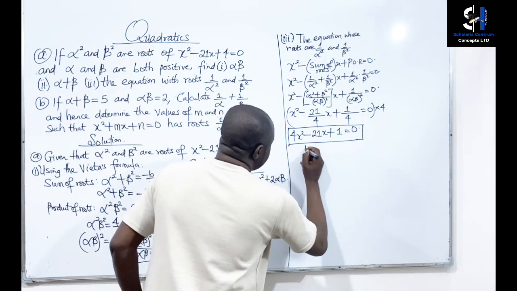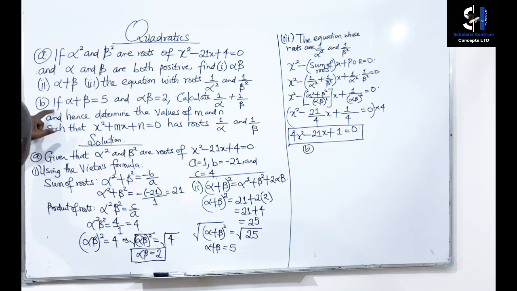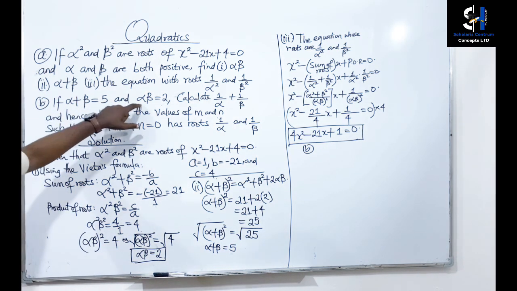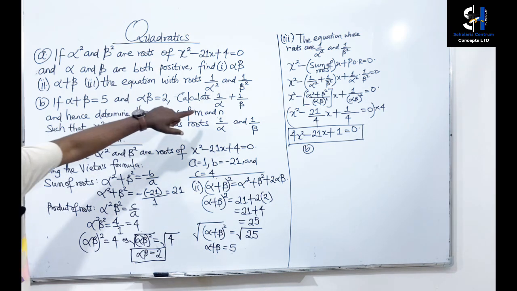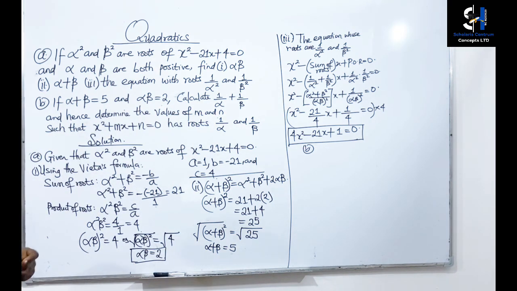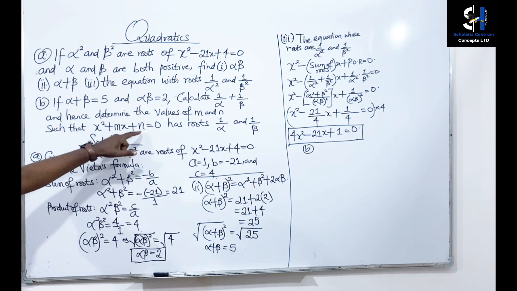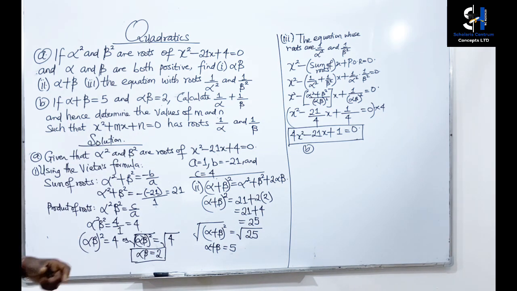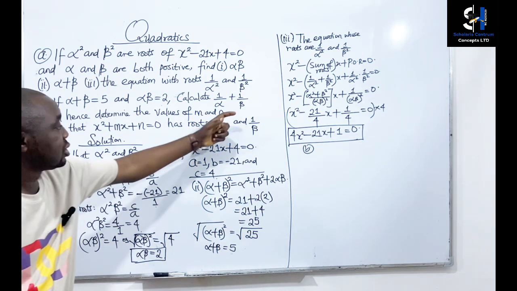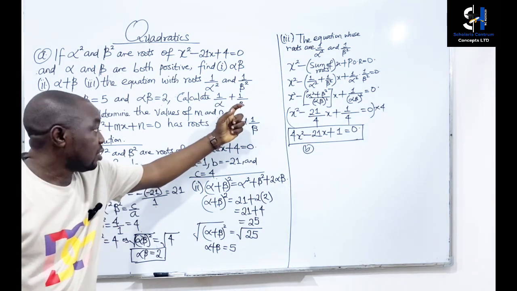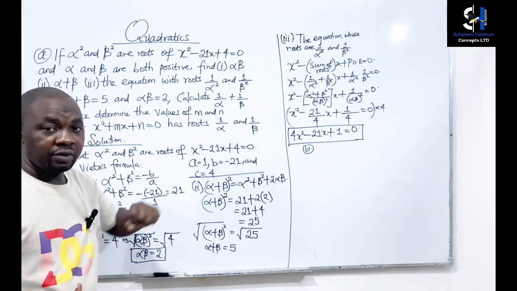Okay, question B. If alpha plus beta equals 5 and alpha beta equals 2, calculate 1 over alpha plus 1 over beta, and hence determine the values of m and n such that x squared plus mx plus n equals 0 has roots. The first thing we need to do is calculate the value of 1 over alpha plus 1 over beta.